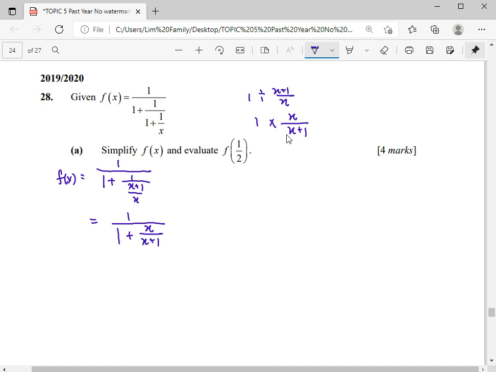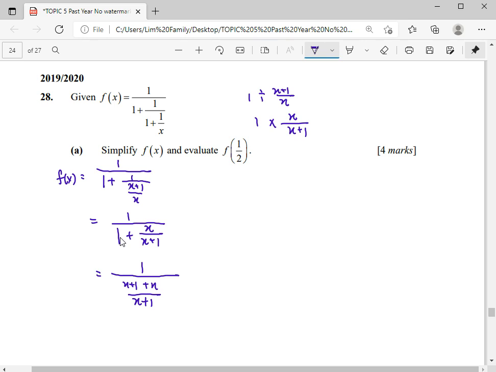And then again, we simplify the addition fraction. We get the same denominator, so this denominator is multiplied by x minus 1, x plus 1. So the numerator also becomes x plus 1, then plus x.